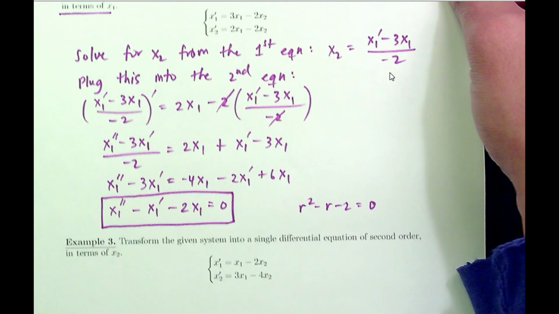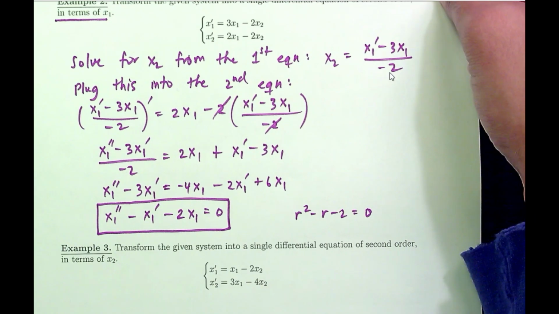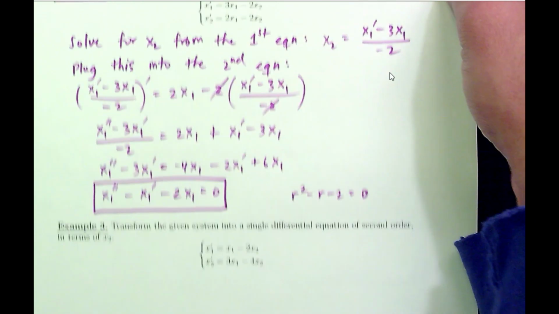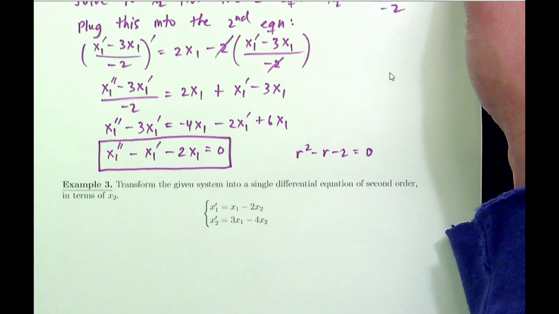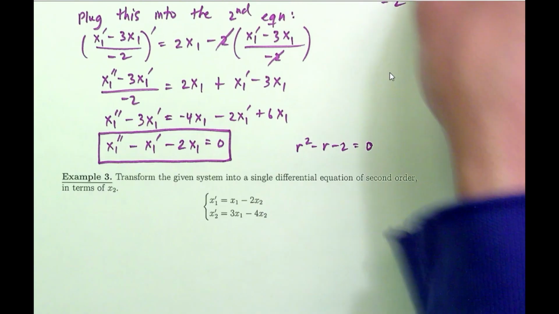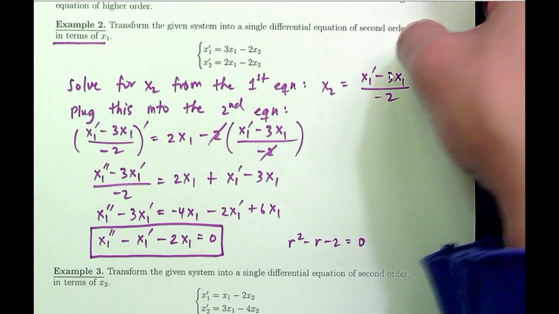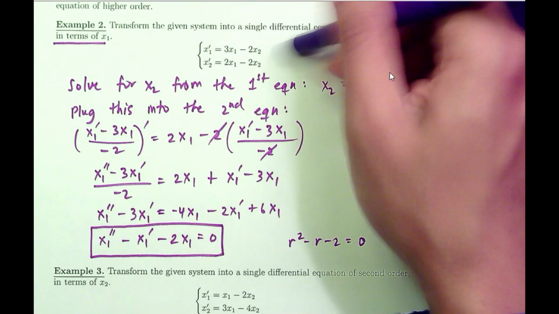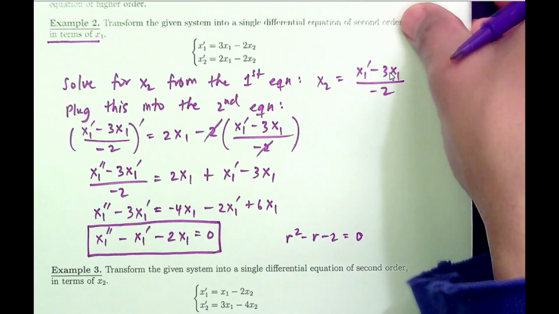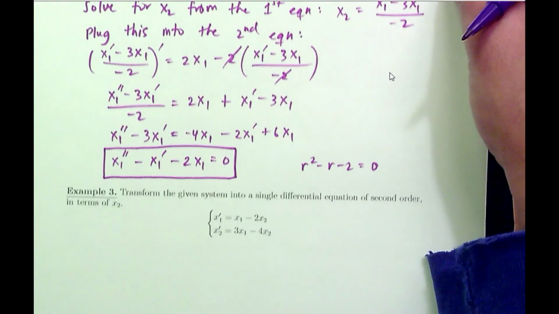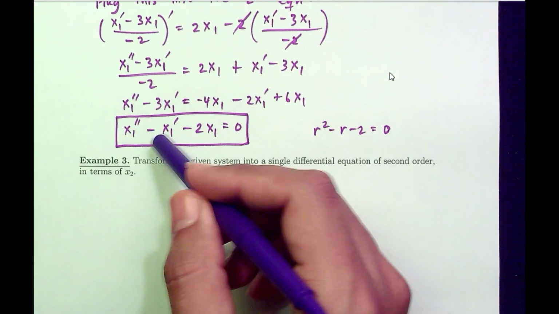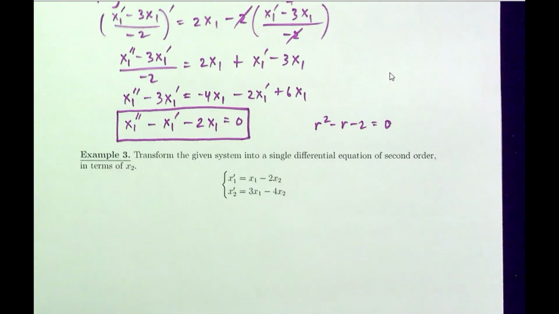Some systems are just complicated and it's hard to convert them to a single differential equation of order 1. But in this one, it was rather simple. The coefficients are constants. There's no t's, there's no other complicated stuff. You can do this, and then solve this, plug it into what is x2, and then you're done. You solved your system.